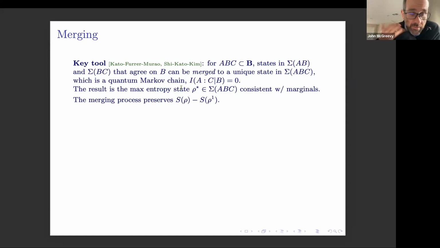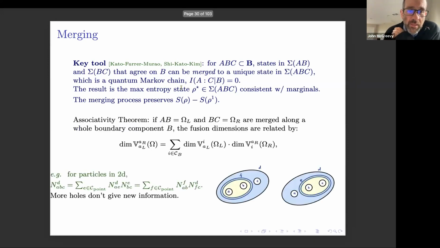Okay, as a sample application of this technique, we have this so-called associativity theorem, which is a statement about if we merge two regions along a whole boundary component, so there's no boundary left, then the fusion dimensions are related by this convolution. The reason it's called the associativity theorem is this application in two dimensions. If I merge this two-hole disk with this two-hole disk, this has some fusion dimension, this has some fusion dimension, and the end result has this fusion dimension.